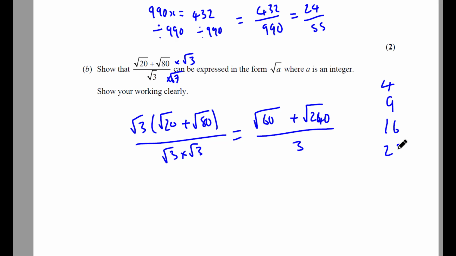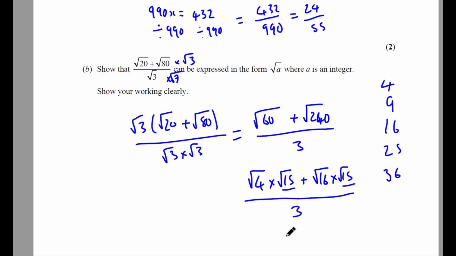Always easiest to find a bigger squared number that goes into the number, and it's quite easy to see for the square root of 60 it's going to be 4, so that's going to be the square root of 4 times the square root of 15 plus the square root of 16 times the square root of 15, because you know 15 times 15 is 225, so 16 times 15 must be 240. The root 15, like I said before, is a clue, likely to be in them, so that's a quick tip.